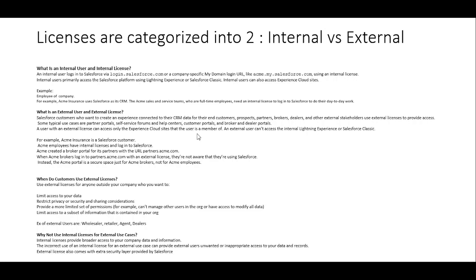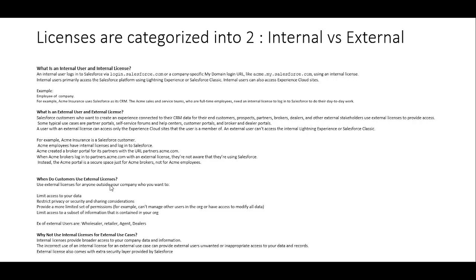For example, here Acme employees have an internal license and log into Salesforce. Acme created a broker portal for its customers with the URL partner.acme.salesforce. Sometimes external users are not even aware that a digital experience has been made on Salesforce. They would just see a different URL where the URL would not even contain the word Salesforce.